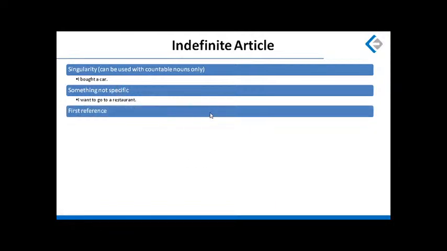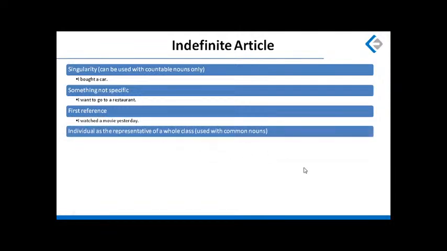So anything not specific, you use the indefinite article. I want to go to a restaurant. If there's a particular restaurant in your mind, then you will not say I want to go to a restaurant. You will say I want to go to the restaurant. First reference, as I just said, I watched a movie yesterday. The movie was bad.